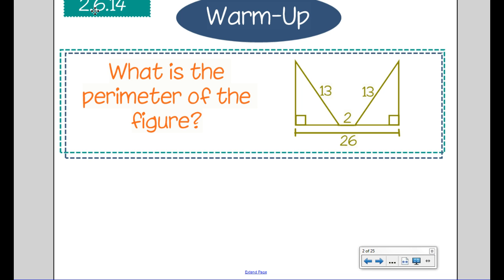All right. Perimeter means you're adding up all the edges. You know all the edges except for one, so you need to employ a strategy to find that one.